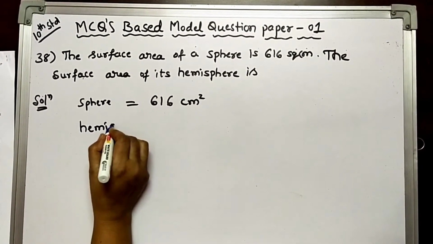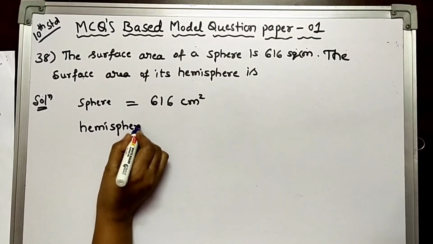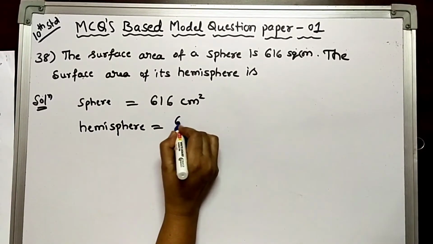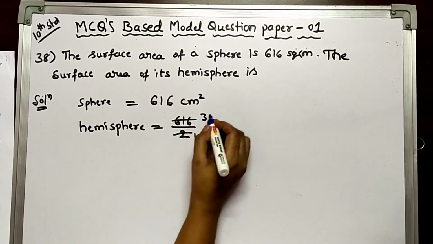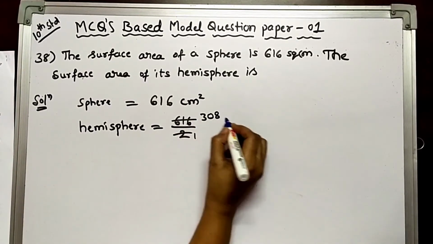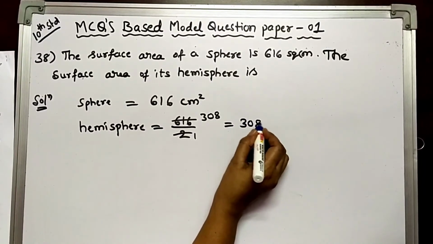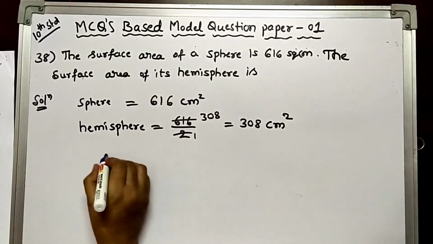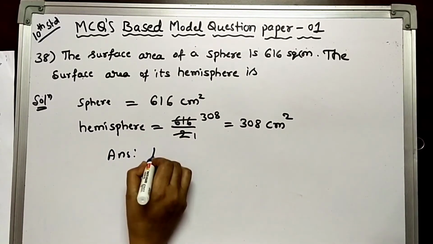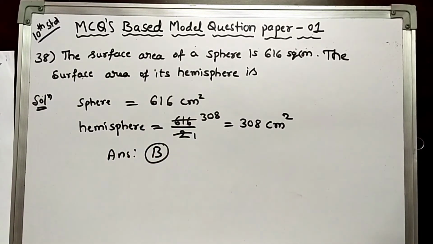Hemi means half of that one. So for the hemisphere, you make it half. 616 by 2 is 308 centimeters square. So option B, 308 centimeters square.